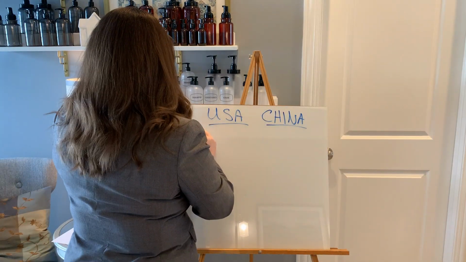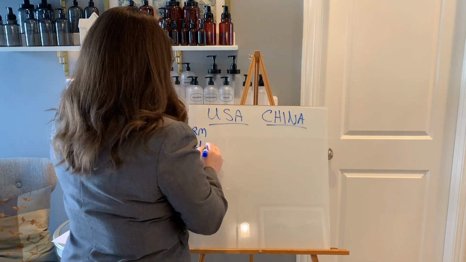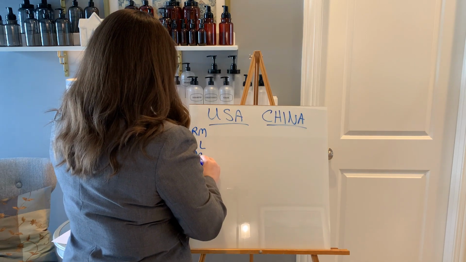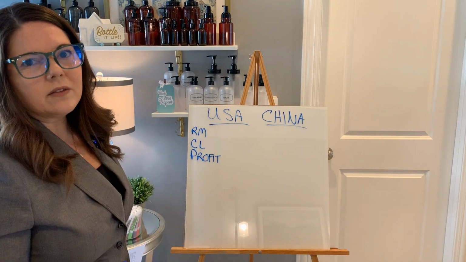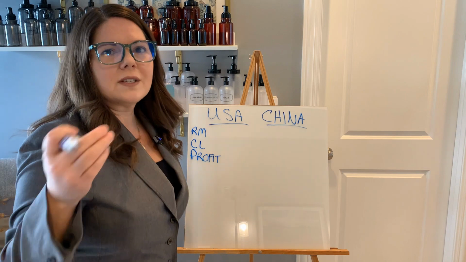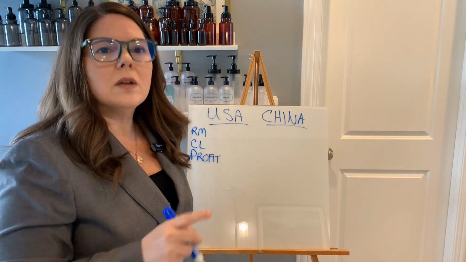We've got raw materials, we've got cost of labor, and we have profit built into our supplier that they need to make when they're selling the goods to me. Okay? Now, keep in mind this just takes into account my business and what I sell.